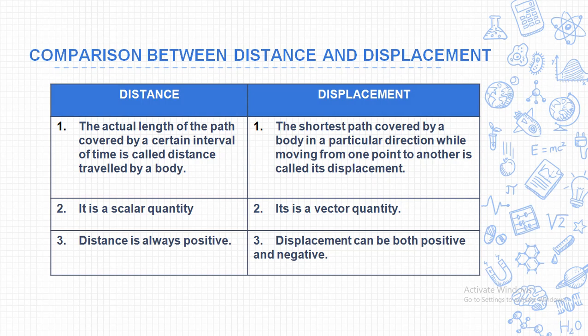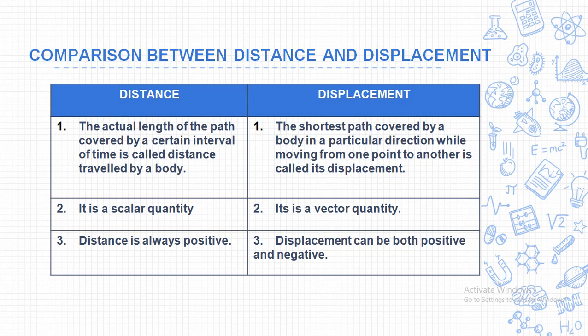We just discussed it, but once again I am reading it. The actual length of the path covered in a certain interval of time is called the distance traveled by a body, and displacement means the shortest path covered by a body in a given time.